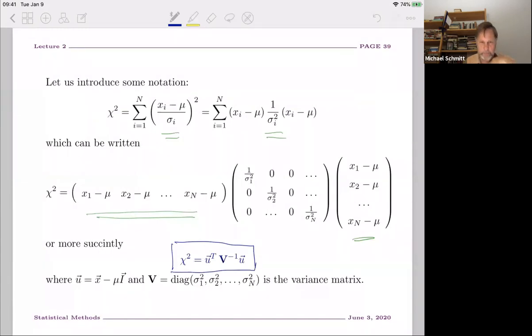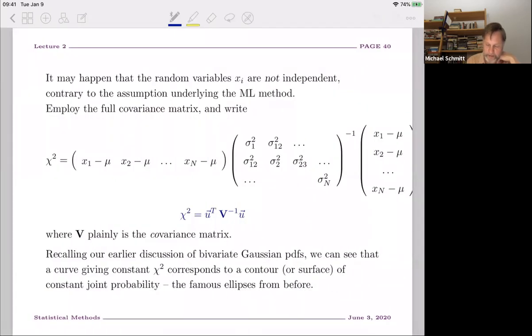This may seem like just a game with notation, but the main thing I've done is I've introduced the inverse of the covariance matrix, which is valid even if my covariance matrix is not diagonal. In other words, if I have off-diagonal elements, which if you recall from yesterday correspond to covariances, then I can still use the same formula for defining my chi-squared.